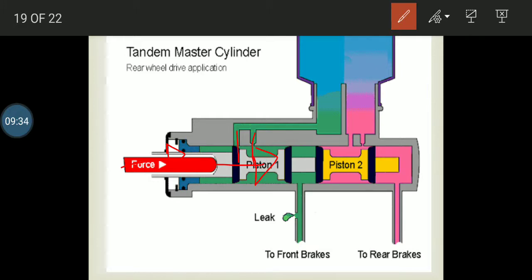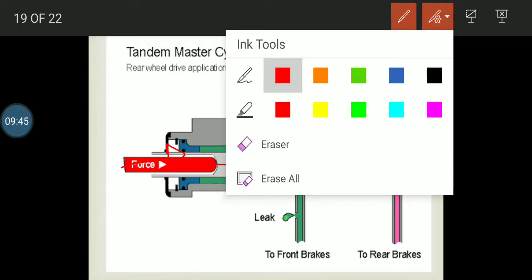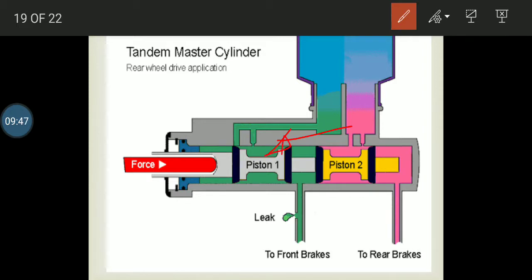When I am pushing this fluid further, the piston over here moves further, and because of which the discharge takes place.